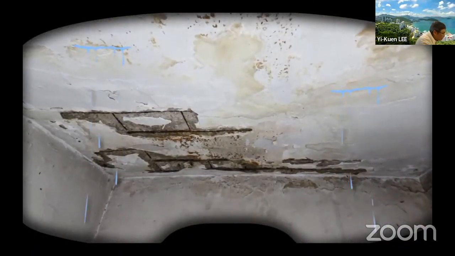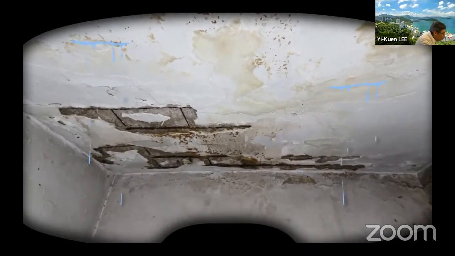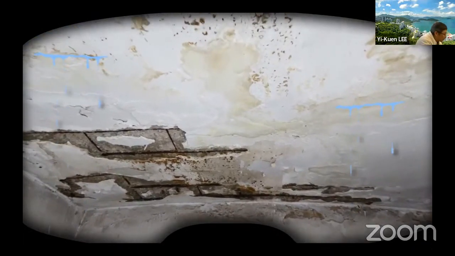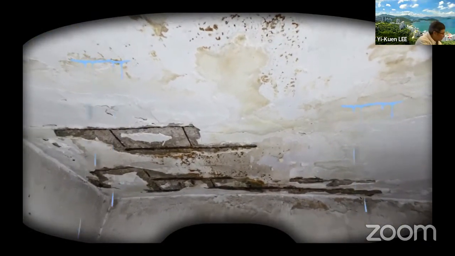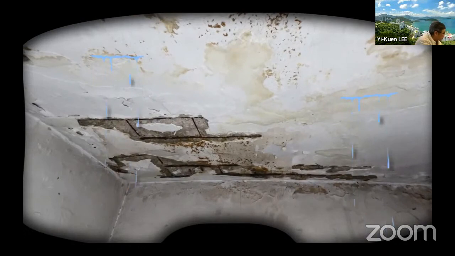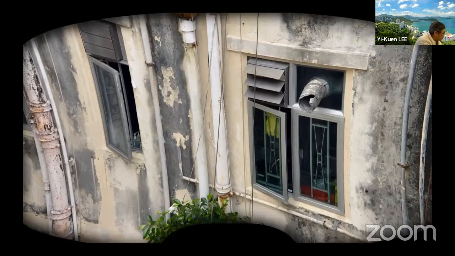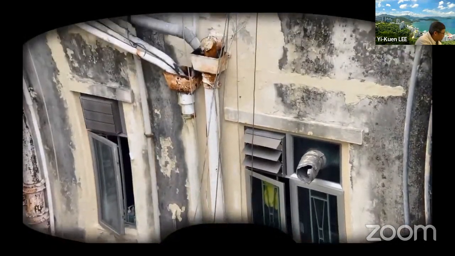Why is water seepage so serious here? There are many causes for water seepage. It doesn't only affect environmental hygiene, but also causes the rusting of the steel reinforcement bars inside the concrete, reducing the structure's weight-bearing capacity. Doesn't it make the building dangerous?